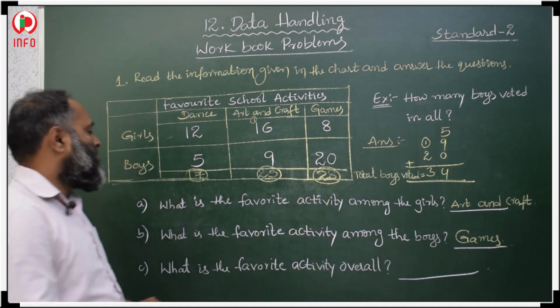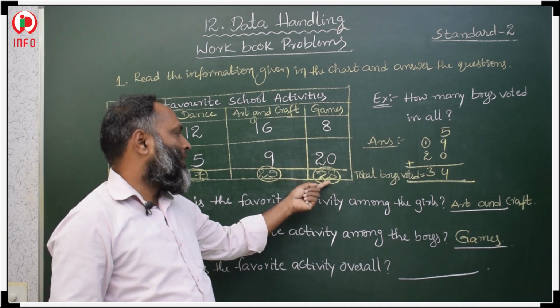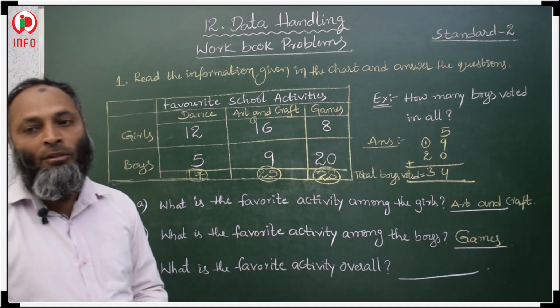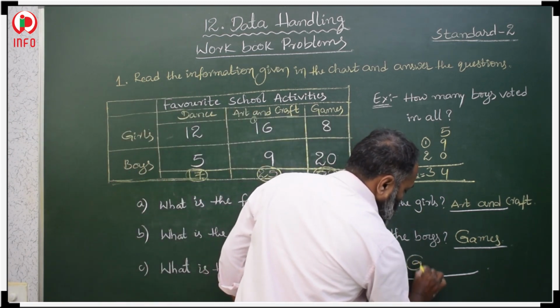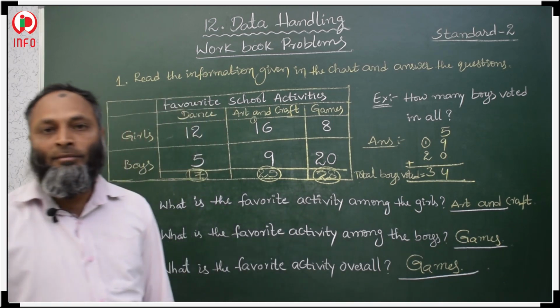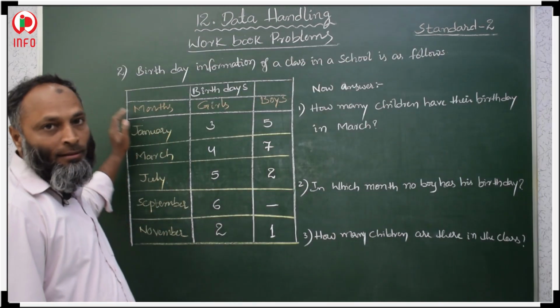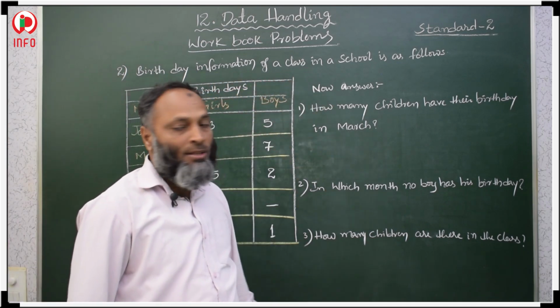Overall, which one is the most, meaning the highest number? 17, 25, 28. 28 means overall games. Games is the overall favorite activity.